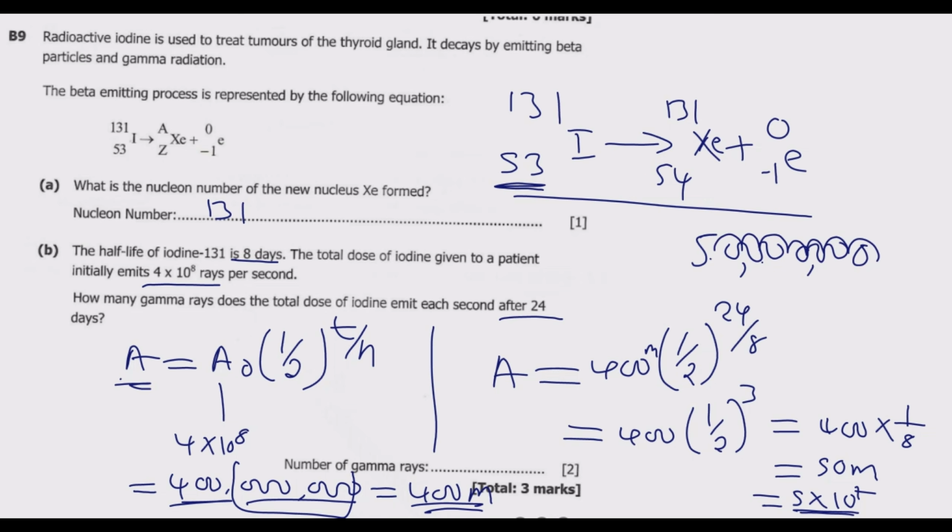So basically that's the answer: 50 million, 5 multiplied by 10 to the power 7. So this is how you answer this question to get these quick 3 marks.